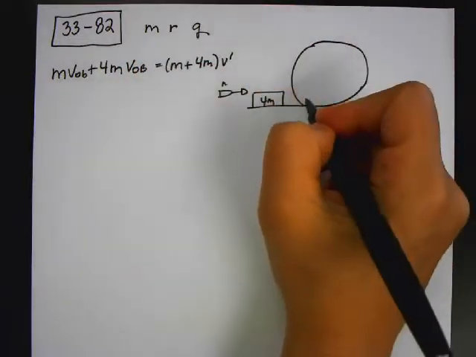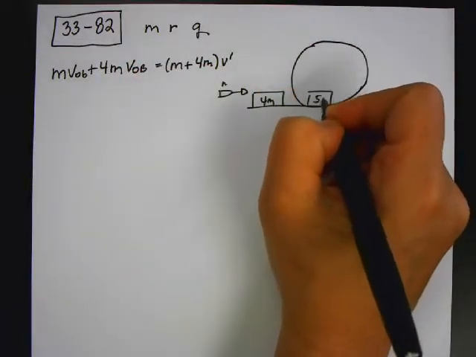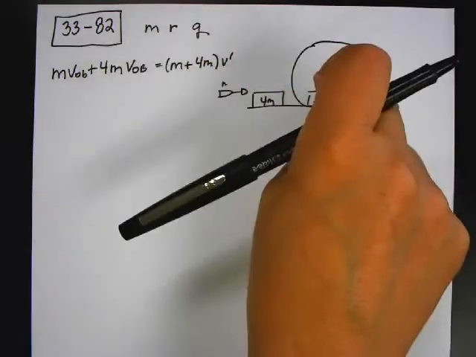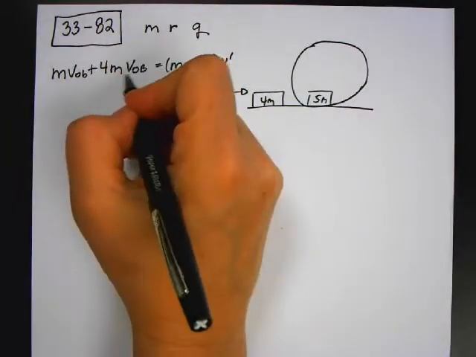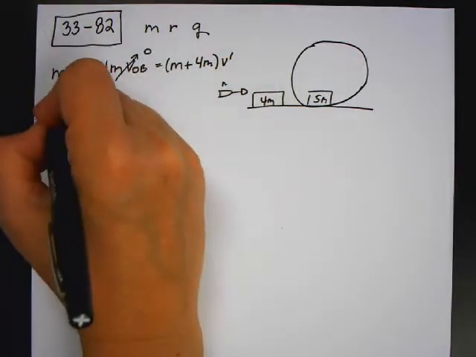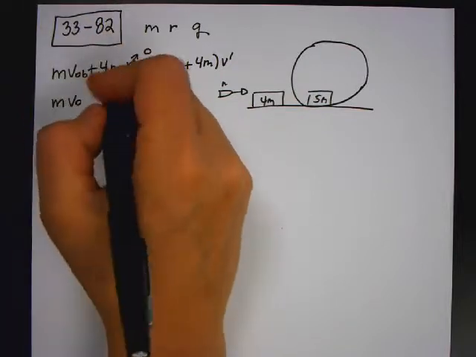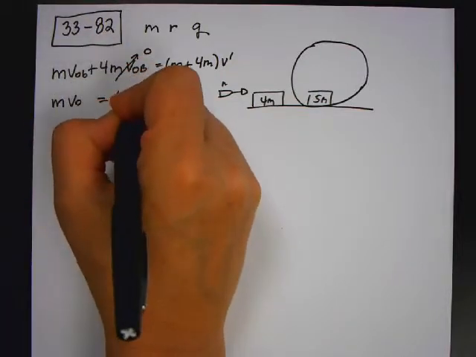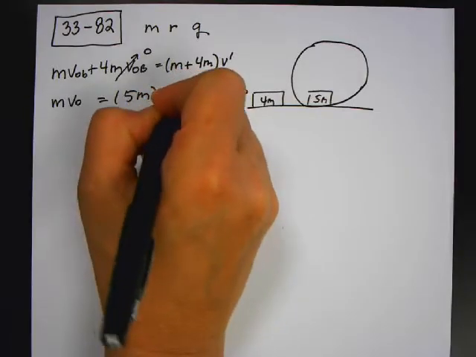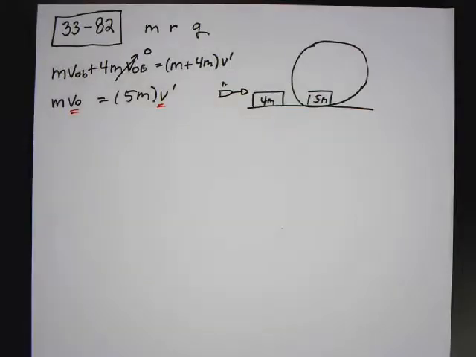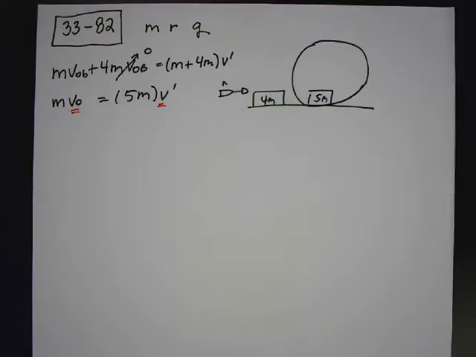That's to the point where now the bullet is in the block. So I'm using conservation of momentum from here to here. Well, this is at rest, so that goes to 0. So I have m v naught, the velocity of the bullet, is equal to 5m times v prime. The problem here is this is unknown and this is unknown. So I'm going to have to do something else to find some of these variables.